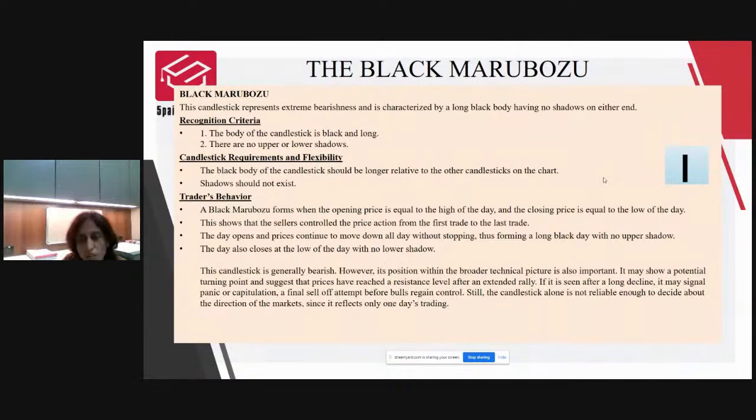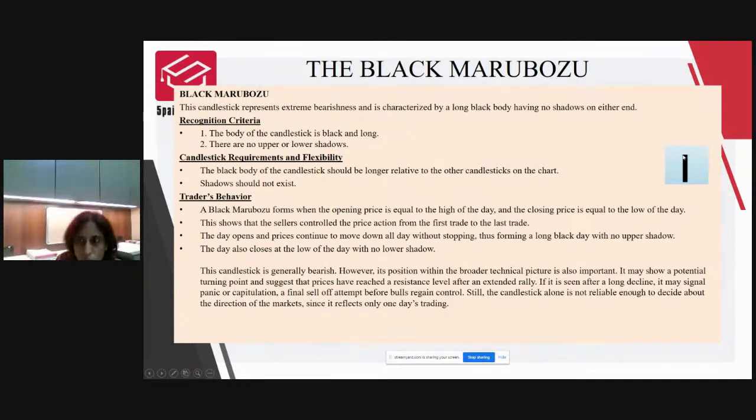So a black MARUBOZU forms when the opening price is here. Since it is black, it is indicating a bearish sentiment. So the opening price will be lying over here and the closing price will be over here. Which means the market is not having a very optimistic view for that particular time period.